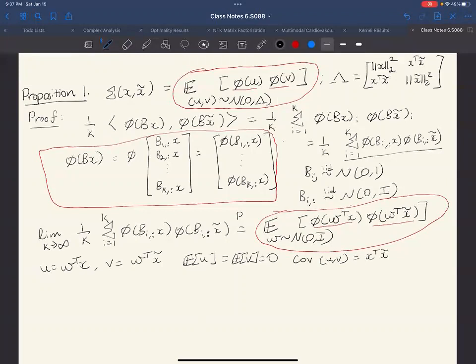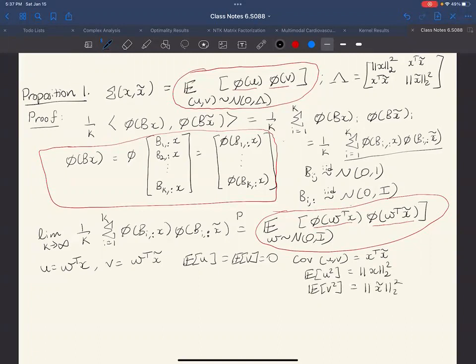And so similarly, if you look at the covariance of U and U, which is just going to be the variance here, because the means are 0, that's just the expectation of U squared. This is going to be the norm of x squared. The expectation of V squared is the norm of x tilde squared.